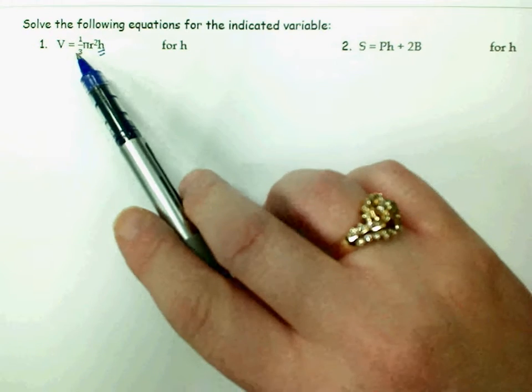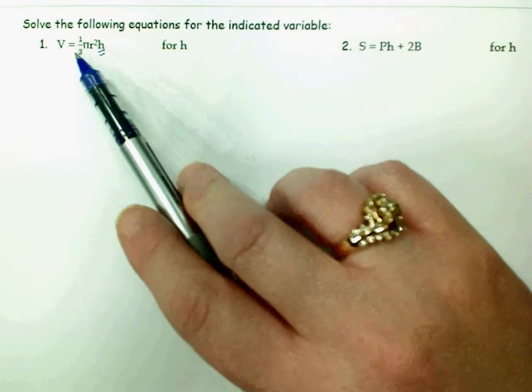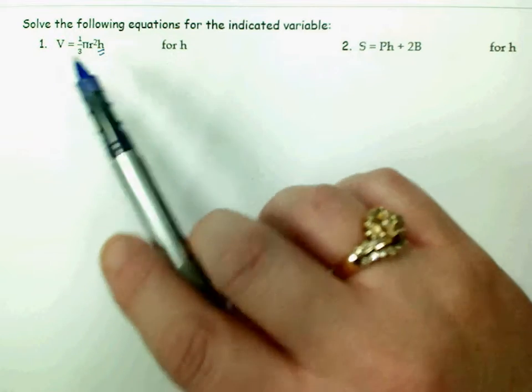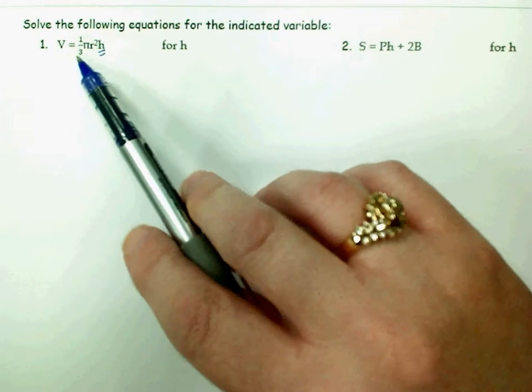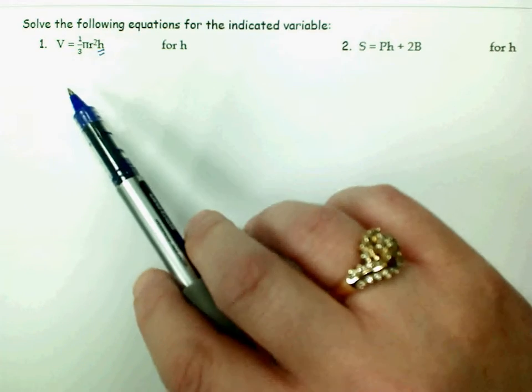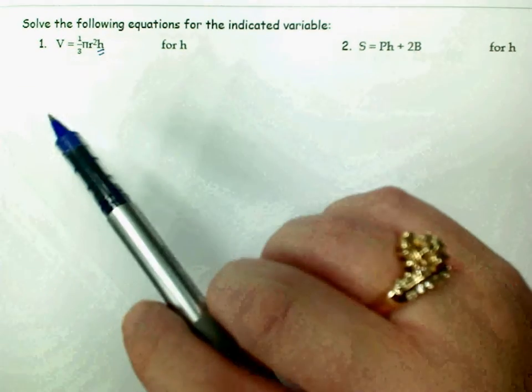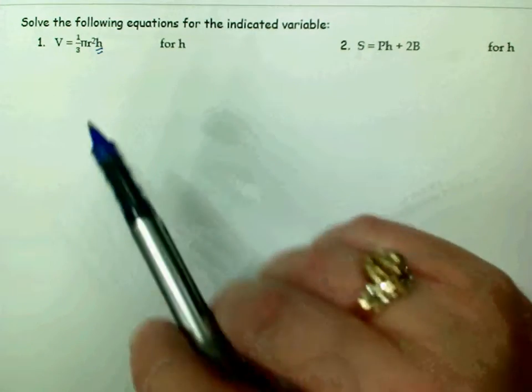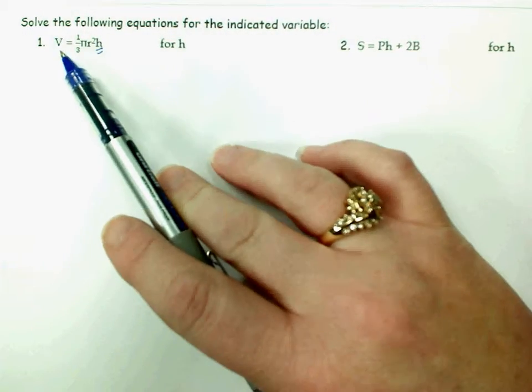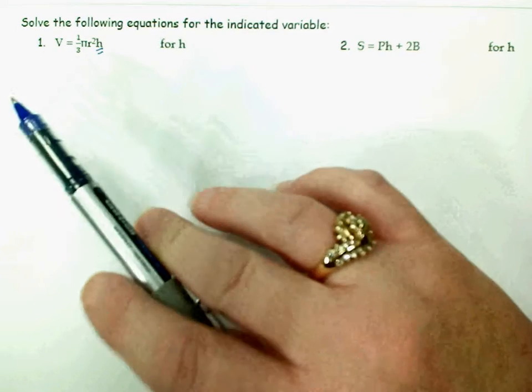So typically I would use division to get rid of multiplication, because they're inverse operations of one another. But since I have a fraction, I don't want to divide by a fraction. That just gets into a really messy problem. You don't ever want 2 fraction bars in your answer. So you wouldn't want to write v divided by 1/3, because then you have 2 division symbols.